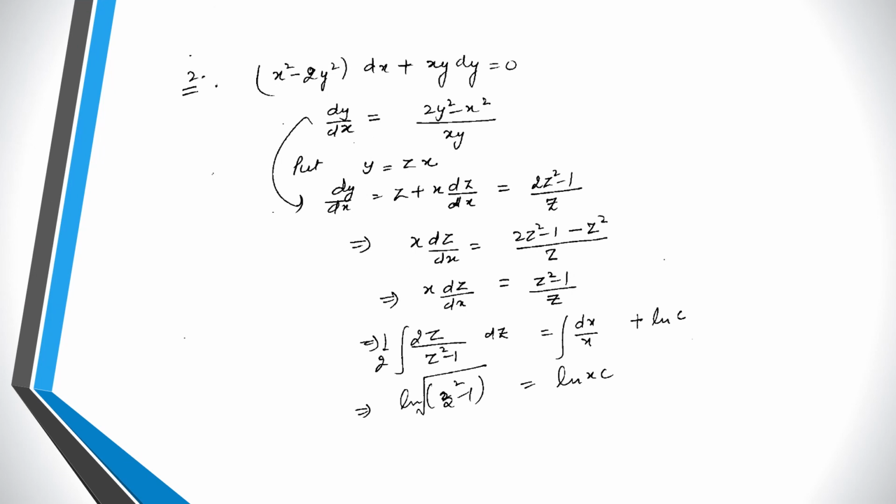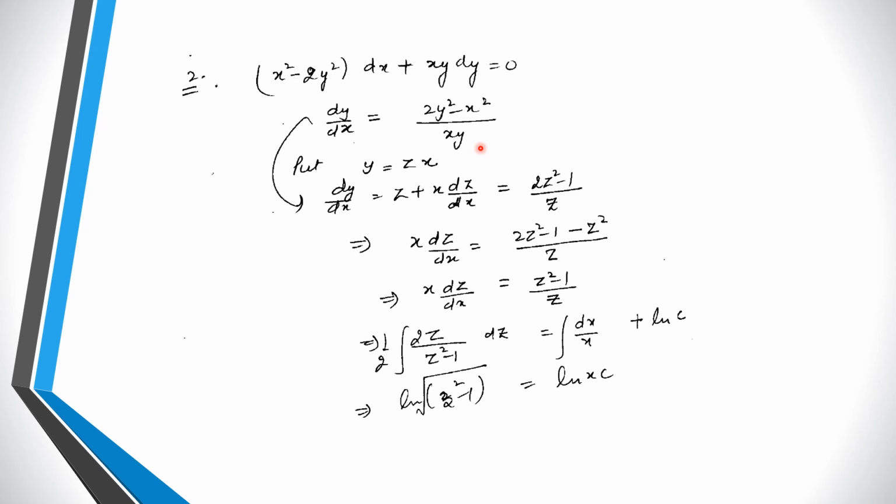Now one more example. The equation is (x square minus 2y square) dx plus xy into dy equals 0. So first of all, write this equation in the form dy by dx is equal to some function of x, y. So this is dy by dx is equal to (2y square minus x square) upon xy.